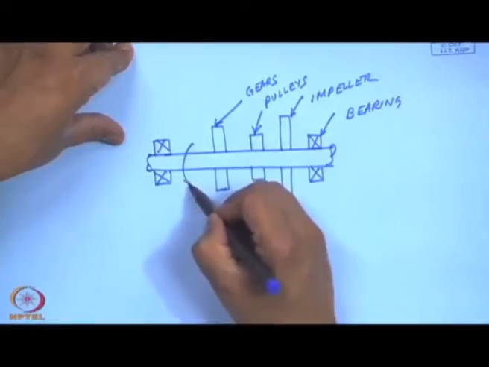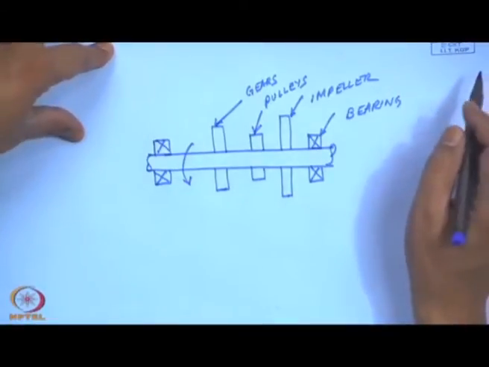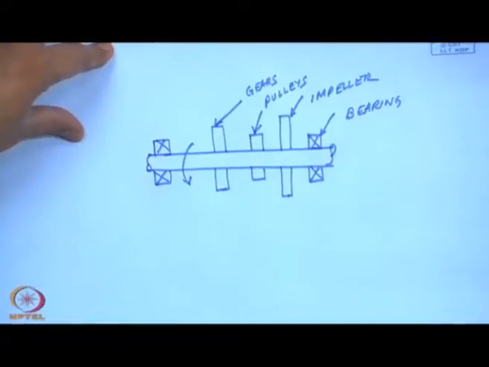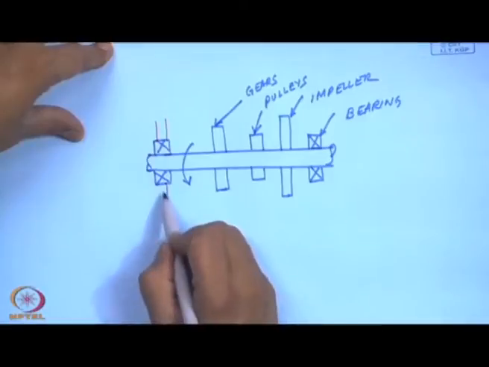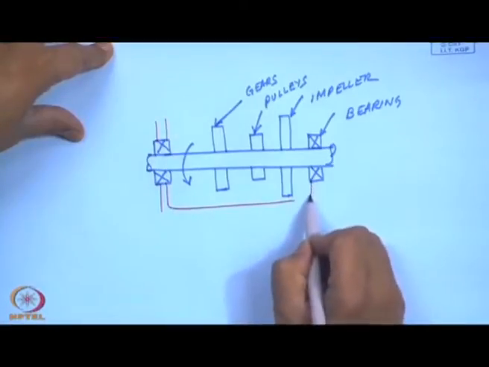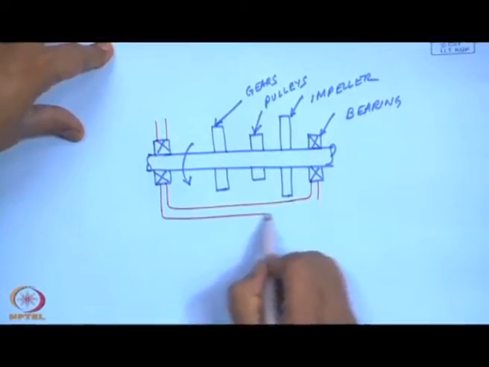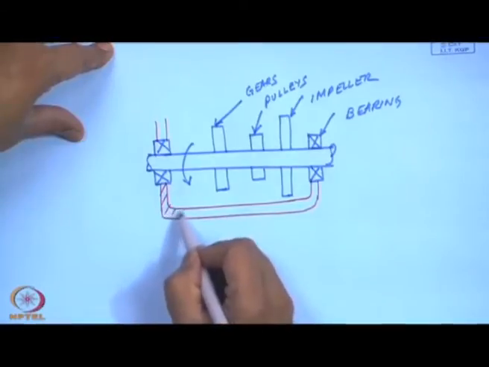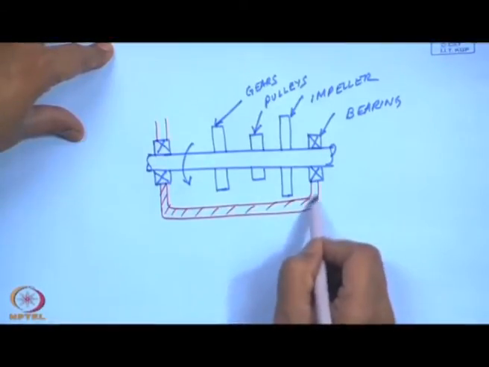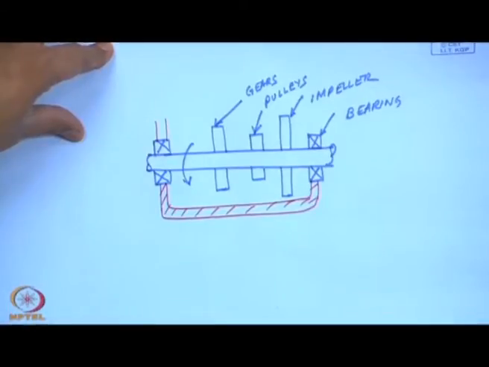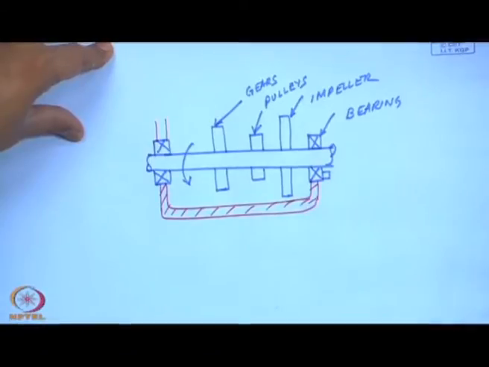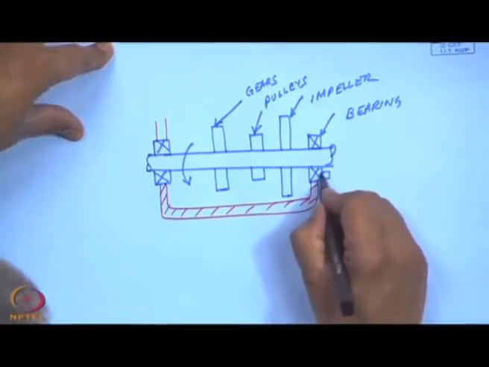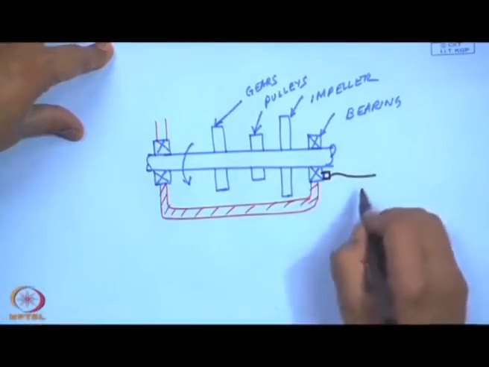Okay, and this shaft is rotating. Now, obviously, in a machine this would be housed in a casing, and perhaps near the location of the bearing, we may be picking up a vibration signal from a transducer.